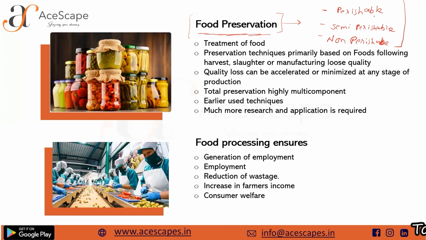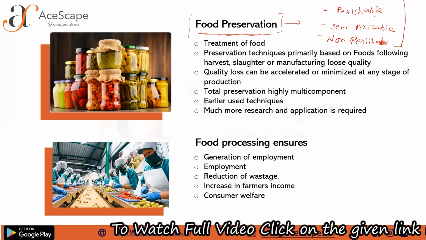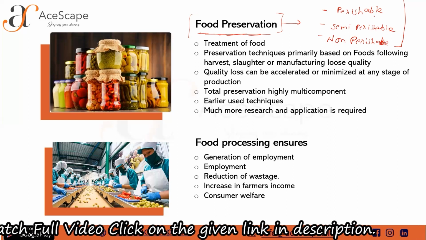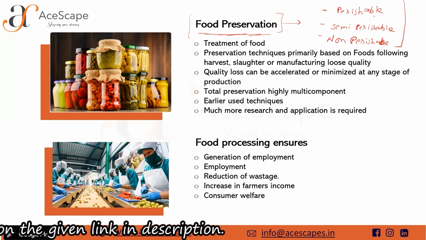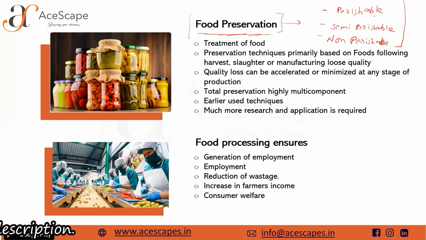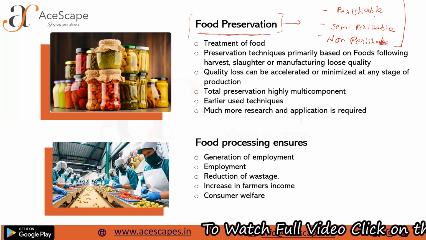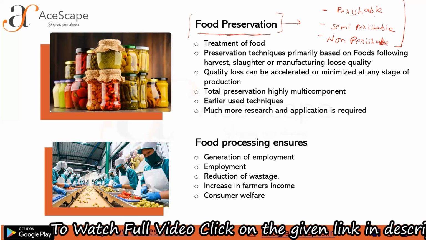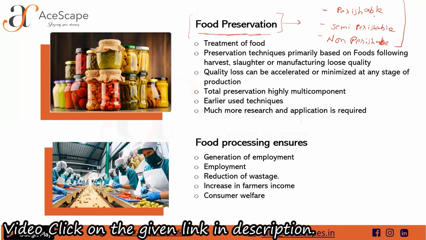The non-perishable category does not require any such processing. We only have to pack them, and they can be preserved; they are kind of shelf-stable food. But for perishable and semi-perishable, we have to perform such operations on that food, otherwise that food will spoil within a limited span of time. That's why there is a need for some techniques or application of processing so that we can preserve that food. Otherwise, it will spoil.